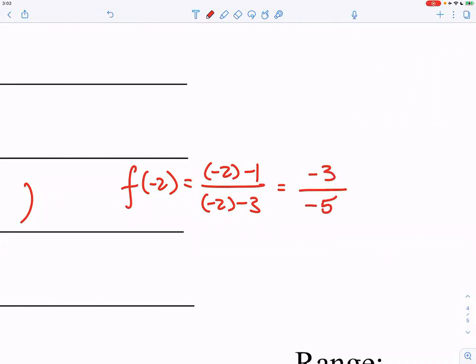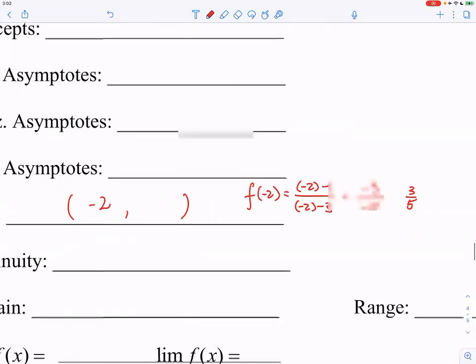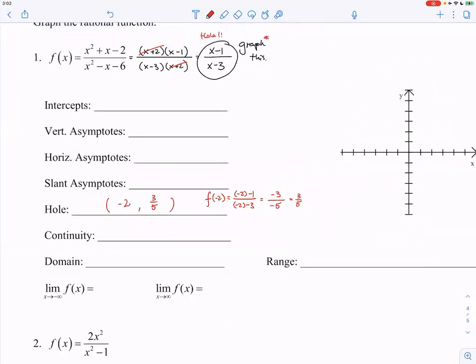So -3 over -5 is equal to 3/5. So our hole is going to be at -2 comma... oh no, -2 comma 3/5. So it's going to be somewhere right around here.